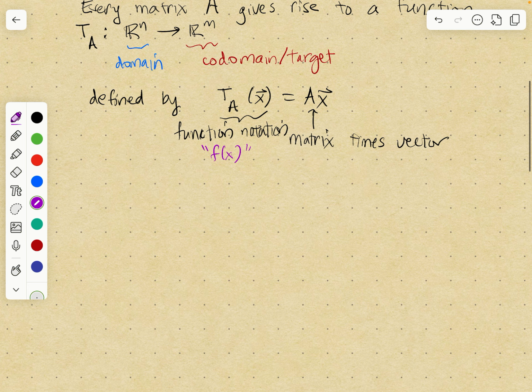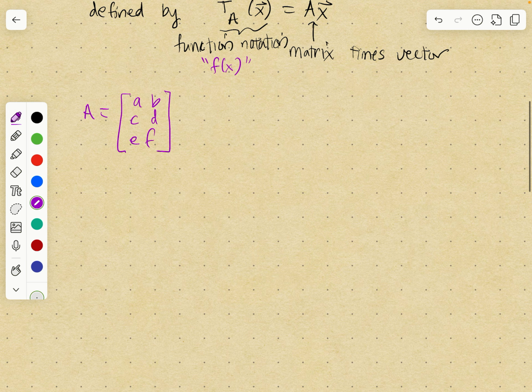So for instance, if you have a 3 by 2 matrix, and let's say these are the entries, a, b, c, d, e, f, what's the domain of T sub A? If I can do A times x, where x is a vector, how many components does my x have?